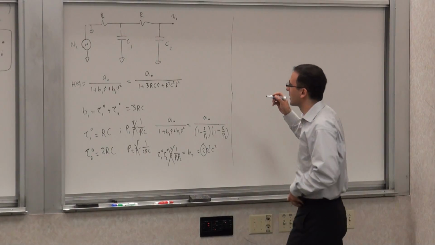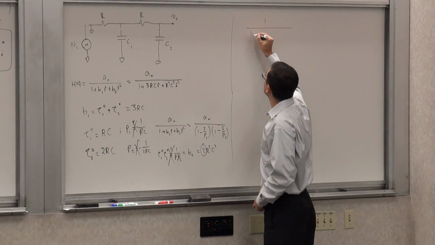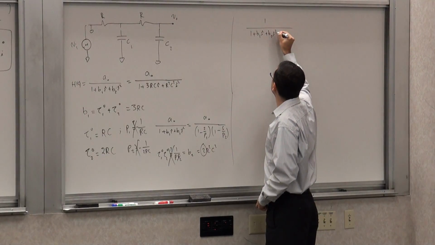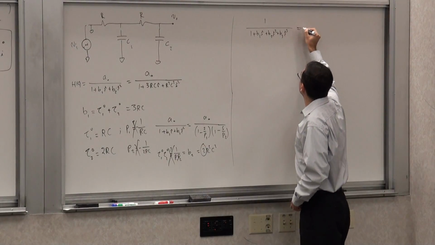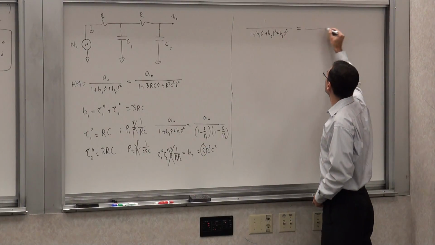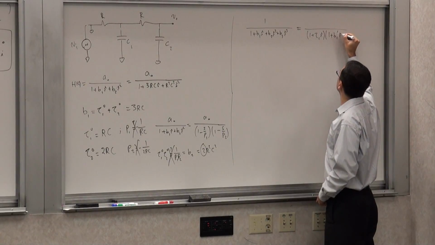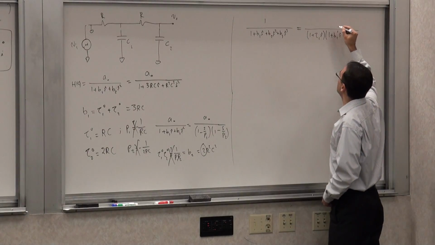In other words, if you have an uncoupled time constant, let's say one of the time constants is uncoupled, it could be written in the following form. Namely, it can be factored.